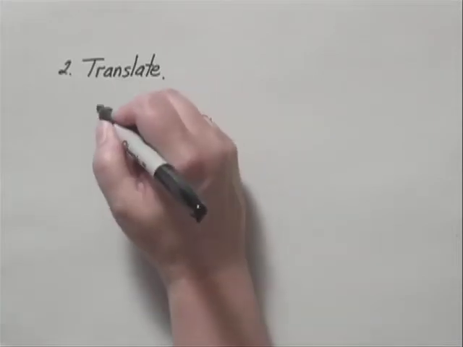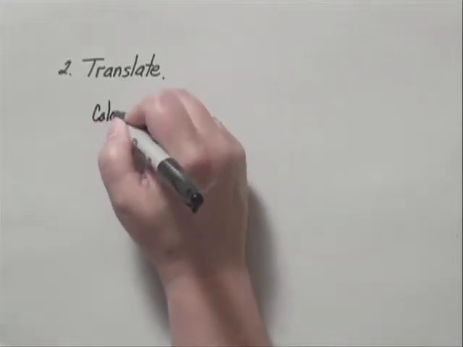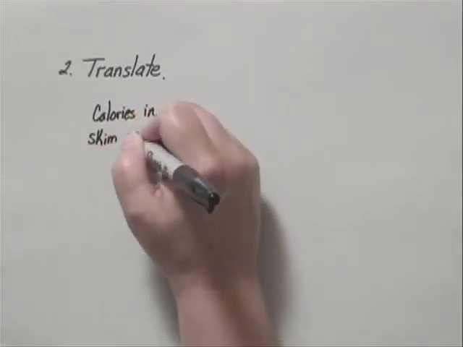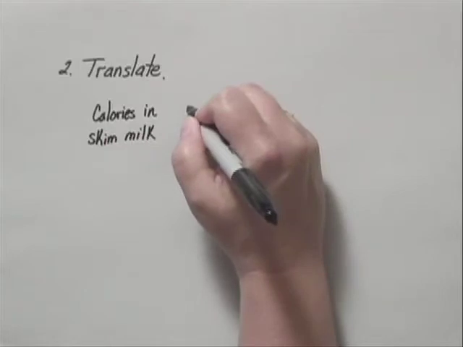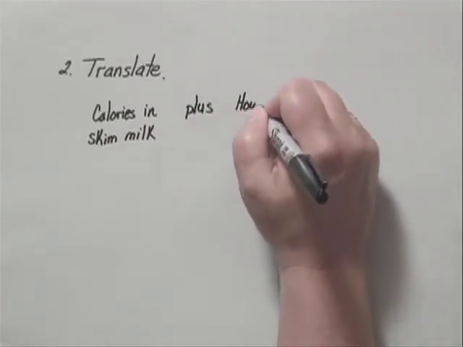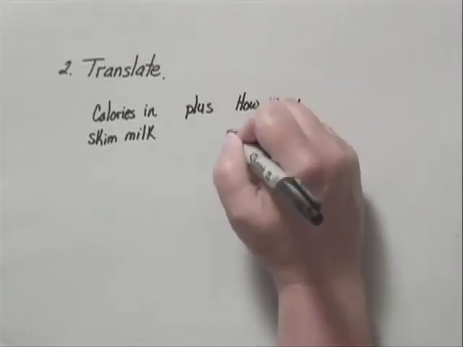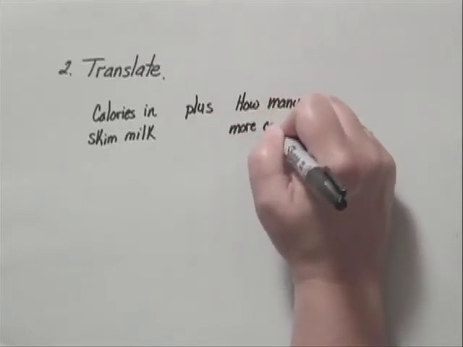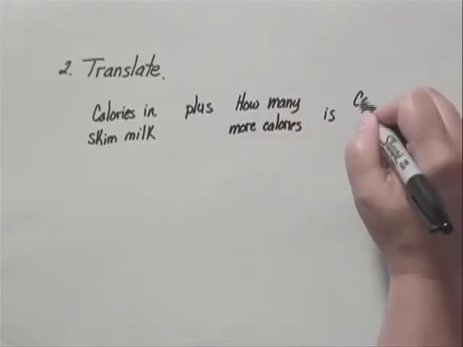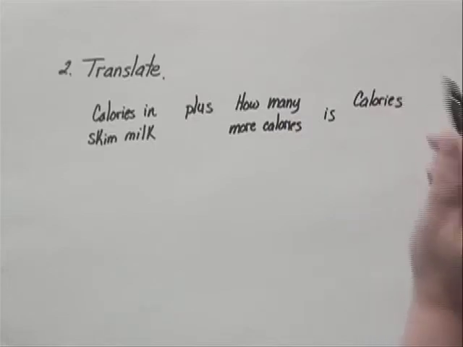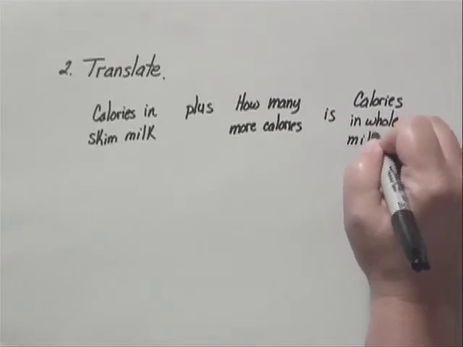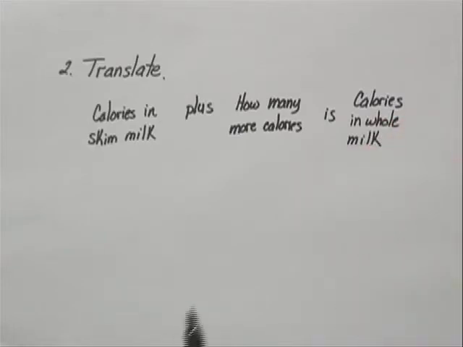So we can start by thinking that the calories in skim milk plus how many more calories there were in whole milk is the number of calories in whole milk. Now I've just rewritten this as an English sentence, but now I can translate.